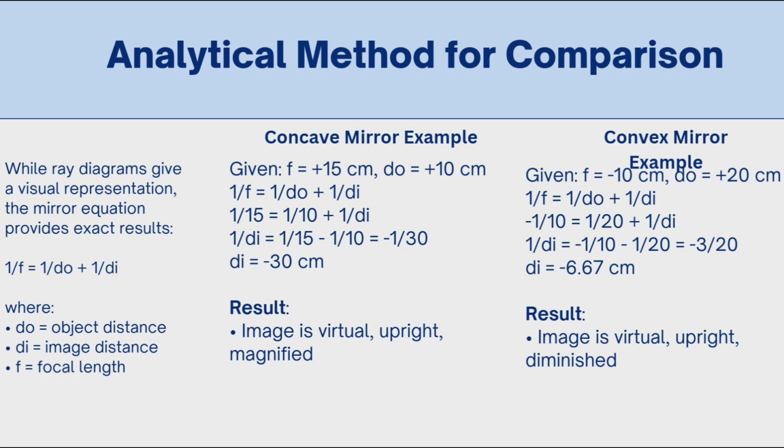So let's proceed now to the convex mirror. We have the given focal length equal to negative 10 centimeters and our object distance equal to positive 20 centimeters. We use the same formula, 1 over di equals 1 over f minus 1 over do, and substitute the given values: negative 1 over 10 minus 1 over 20.